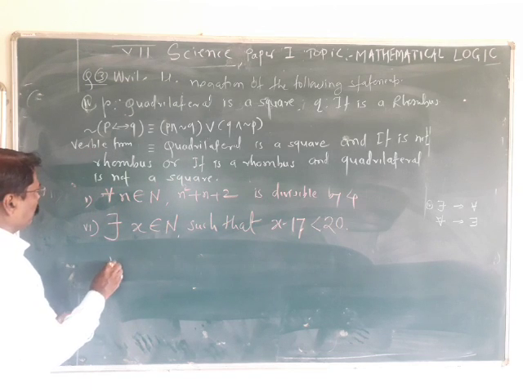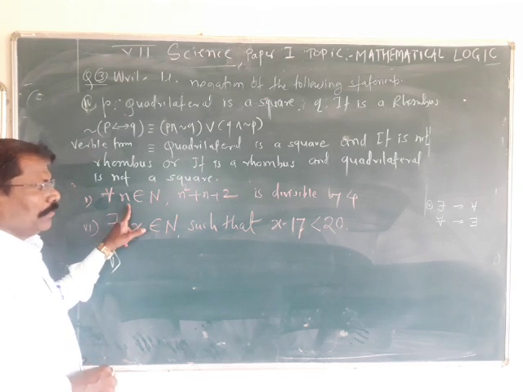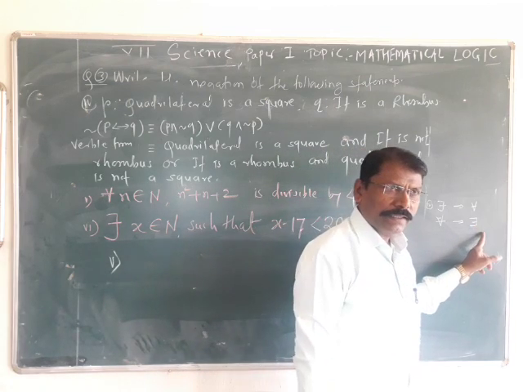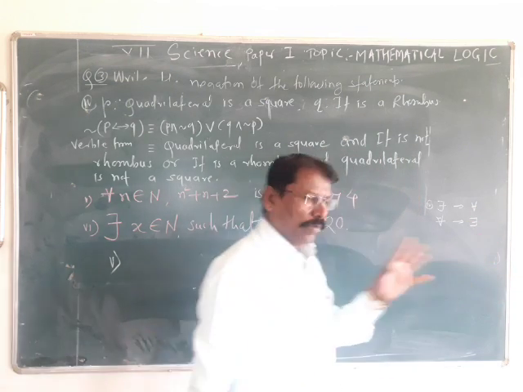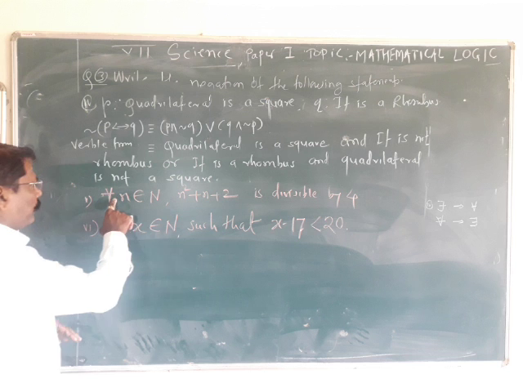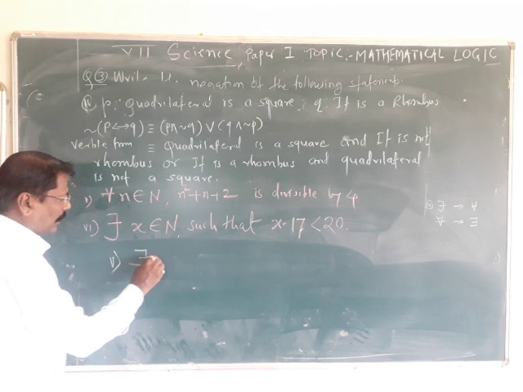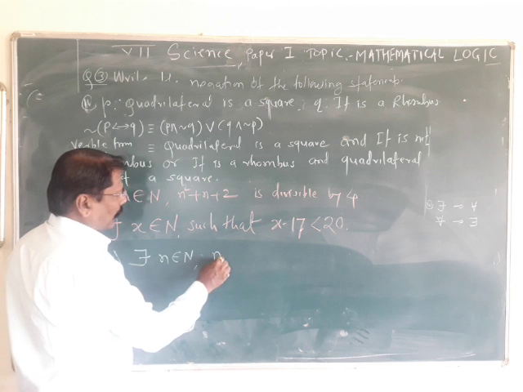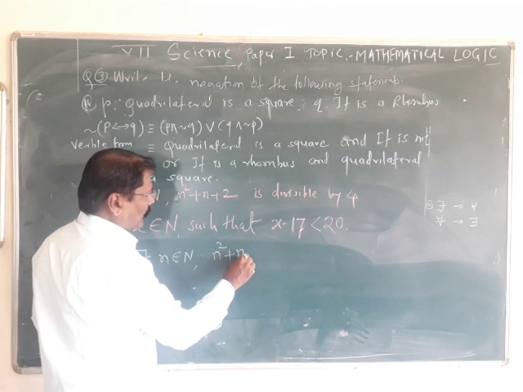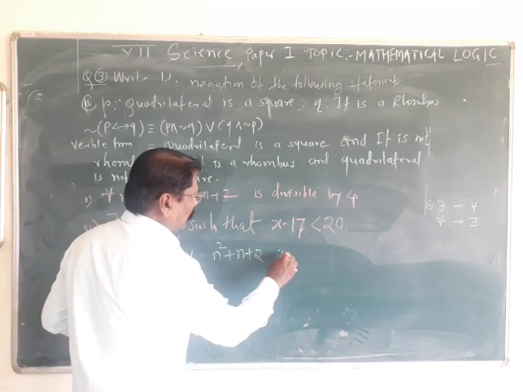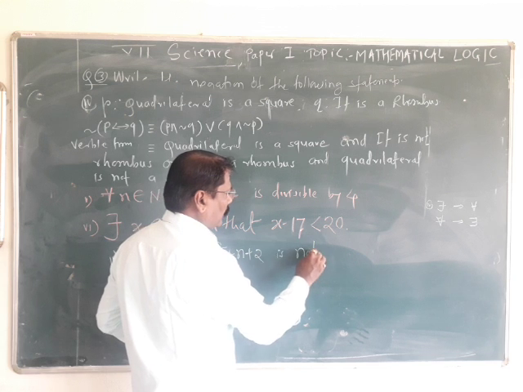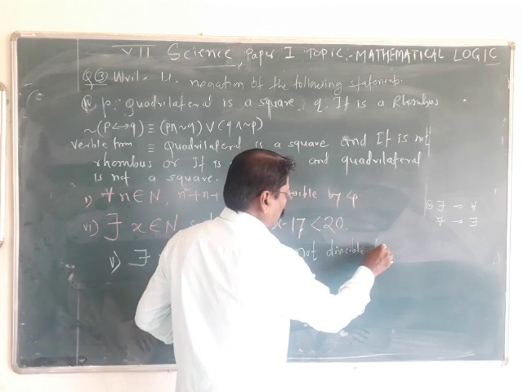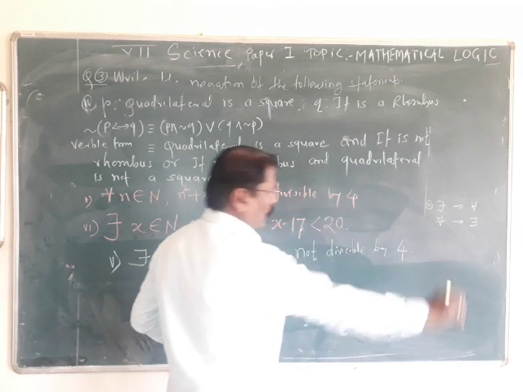What is the answer of the fifth example? For all becomes there exists, and there exists becomes for all. So it is a for all, so there exists n belongs to N such that n square plus n plus 2 is not divisible by 4.